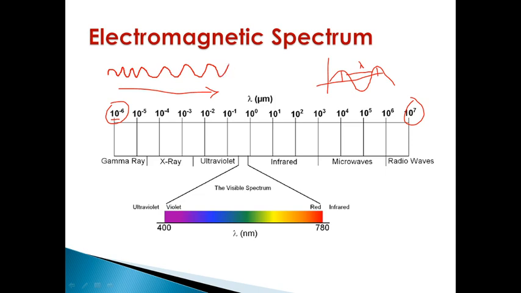By moving from left to right, I am increasing the wavelength, the length of the wave. Here the wavelength of the radiation is somewhat less, here somewhat medium, and going on, the wavelength increases from gamma ray to radio waves.